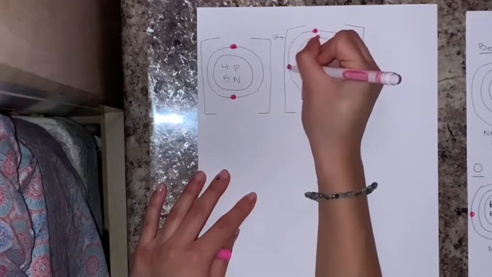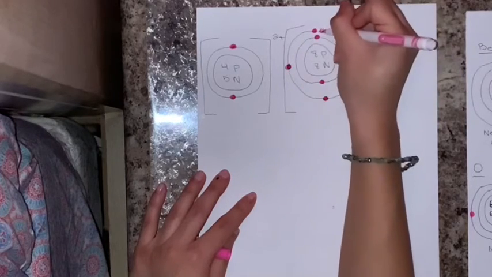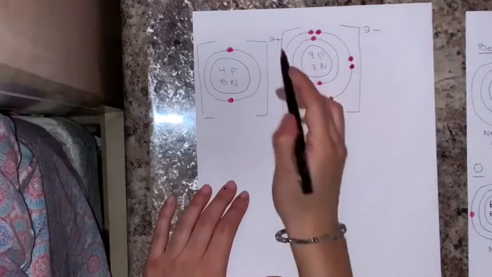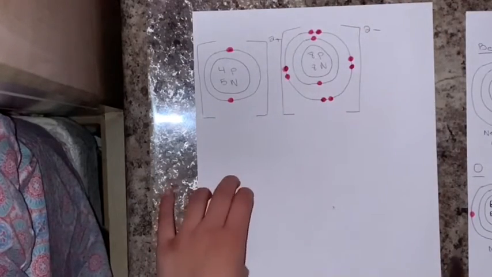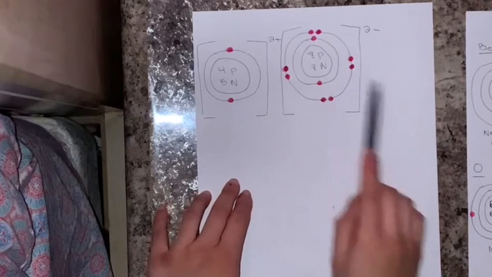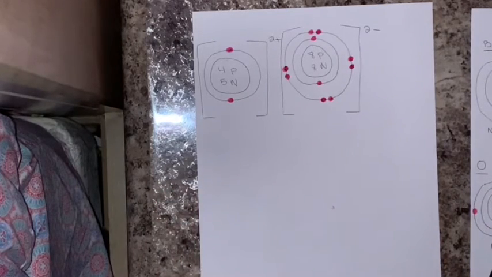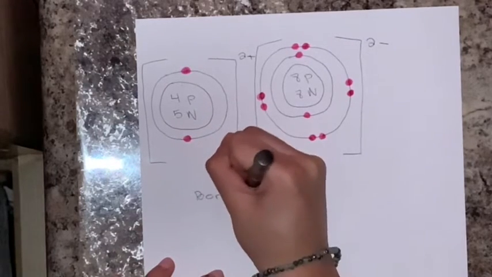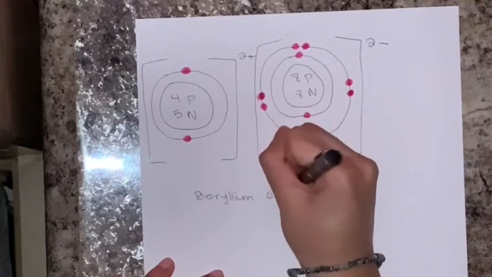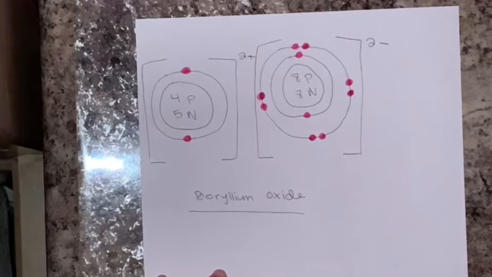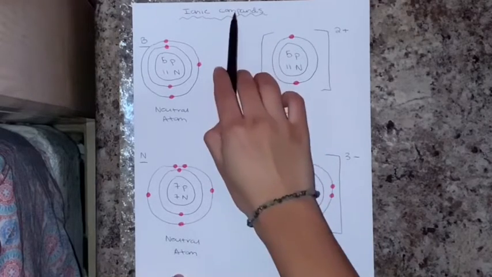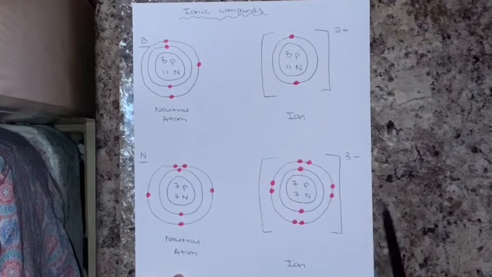So beryllium has a positive charge of 2 and oxygen has a negative charge of 2. And so this is an ionic compound between beryllium and oxygen. This ionic compound is called beryllium oxide because we are combining beryllium and oxygen together since they are oppositely charged ions, not atoms, ions.